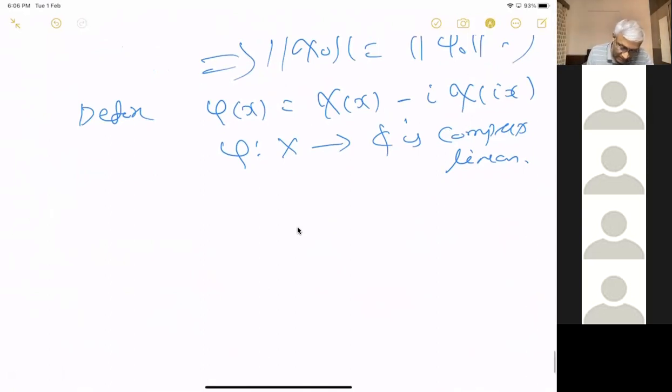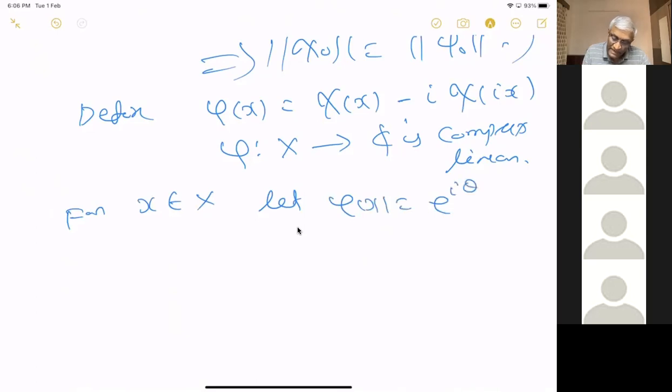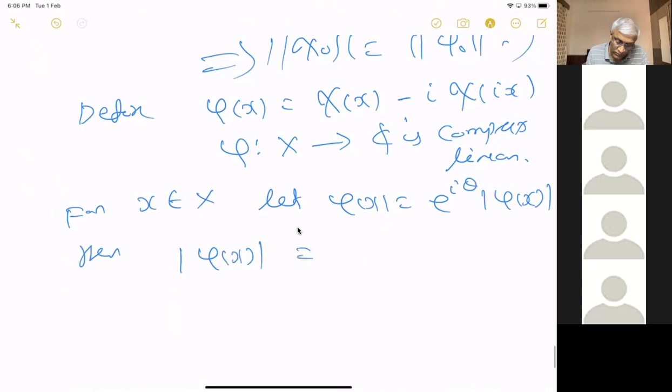Now let's fix some x in X. Let phi of x equal e power I theta times mod phi of x, some complex number of modulus 1 times mod of phi of x. Then mod of phi of x equals e power minus I theta phi of x, which is equal to phi of e power minus I theta x.